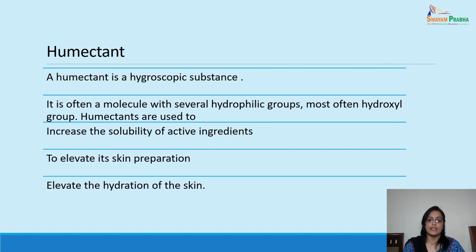It is often a molecule with several hydrophilic groups, most commonly hydroxyl groups, that is OH groups. Humectants are used in semi-solid dosage form formulation to increase the solubility of the active ingredient and to elevate its permeation, and they contribute to hydration.